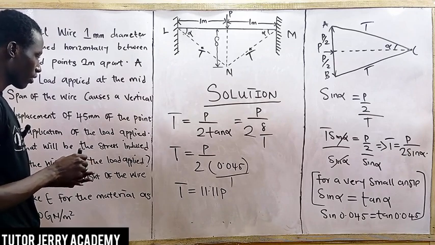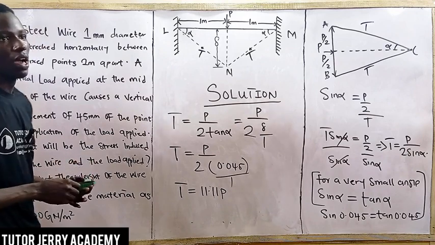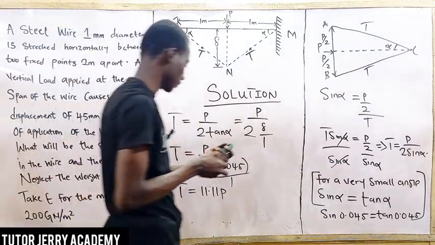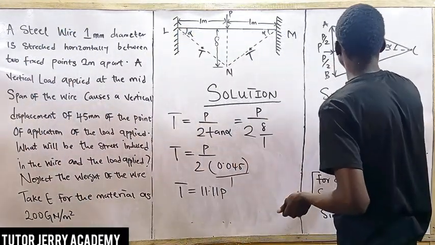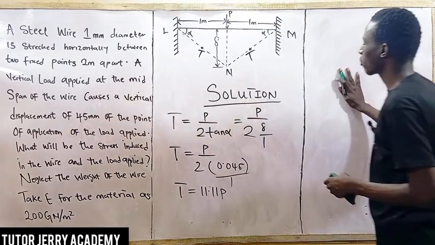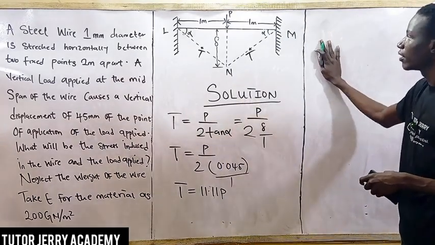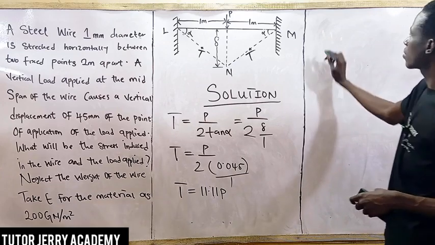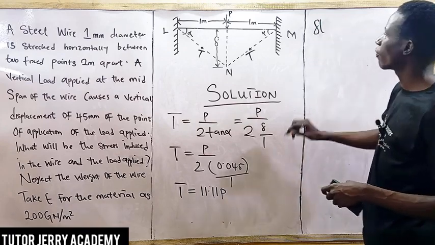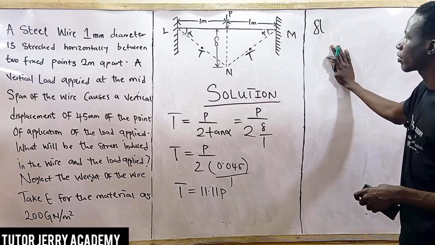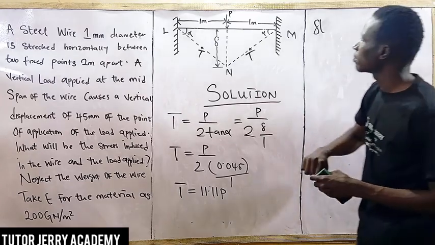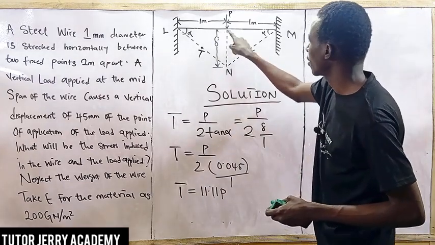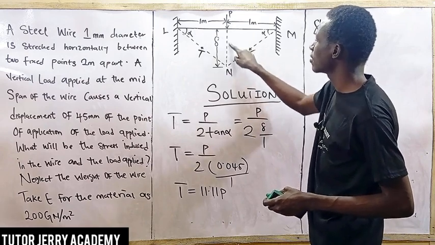Next, I'm going to be looking for my displacement, that is my change in length. So the change in length of this wire will be nothing but what? Now, we have a wire here and we have a force acting downwards.